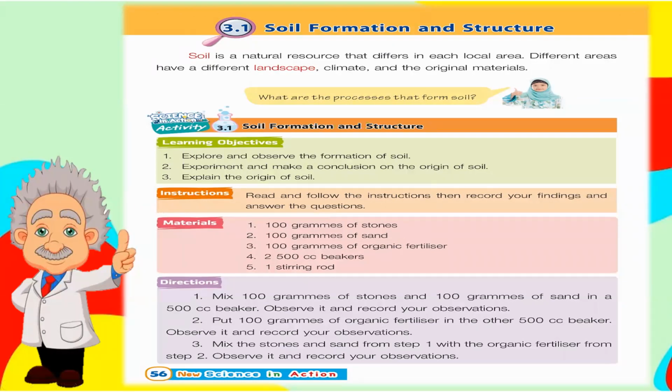Different areas have different landscape, climate, and original material. In different parts of the world we have different kinds of soil, with different landscape, different climate, and even different organic materials as well. So they are all different in each part of the world.